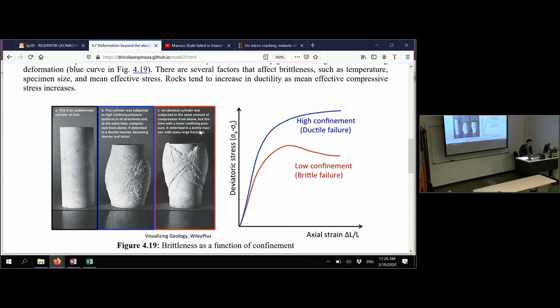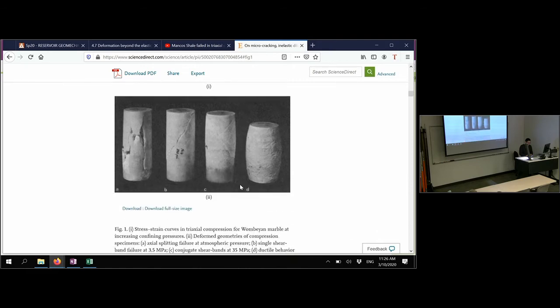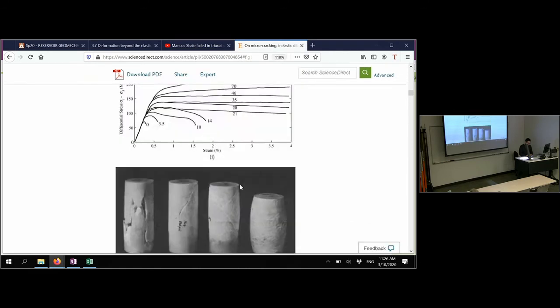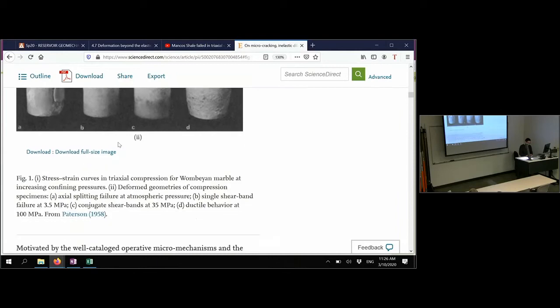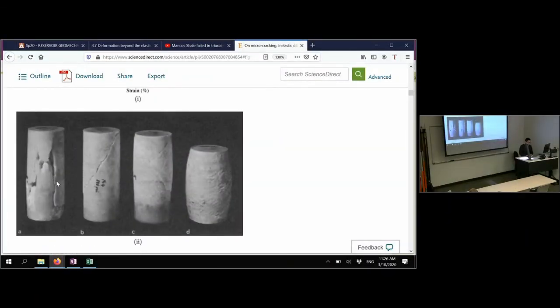And I have one example here that shows the strength a little bit better with actual data. So here you have a rock sample, which is a marble, and it is loaded at different confining pressures, increasing from left to right. If you load it with almost no confinement, these are the fractures that you expect.